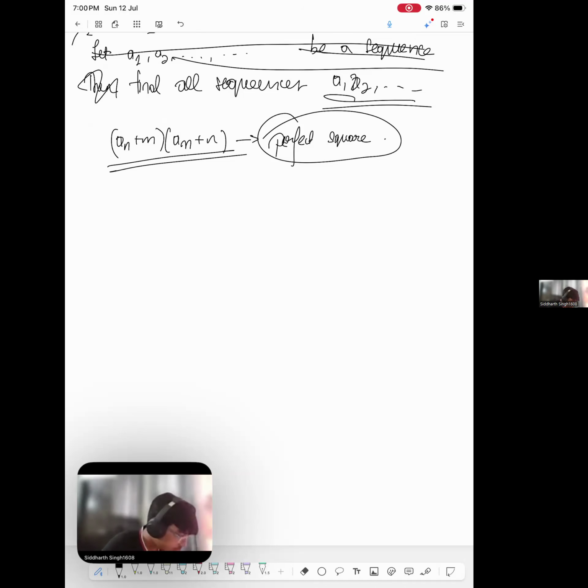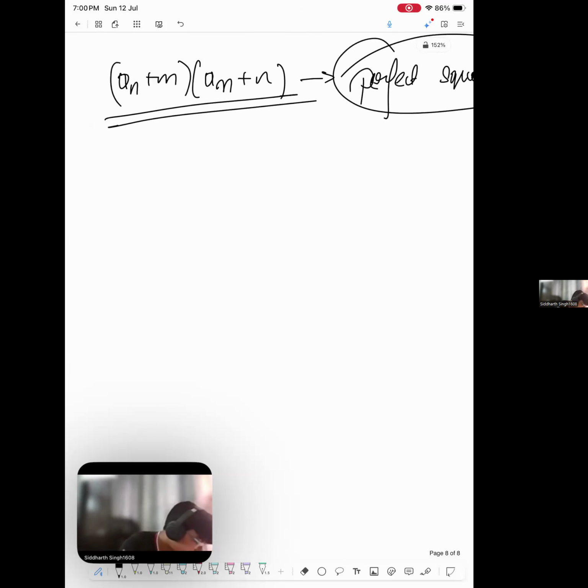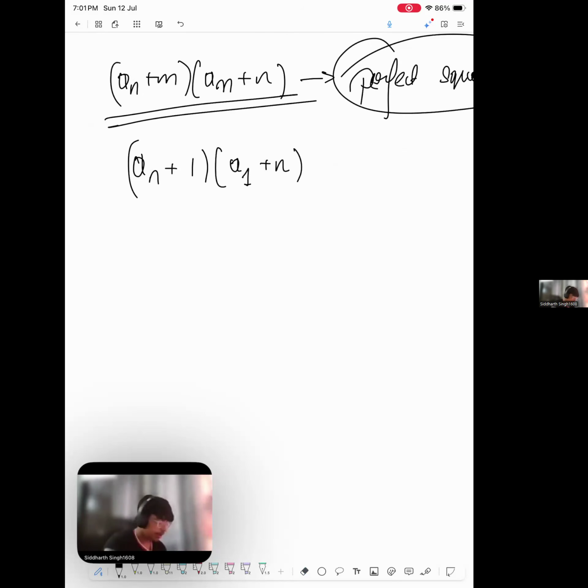Okay, it's 7 o'clock. Now the main part: suppose I'm a beginner trying to solve the problem. I just make some random substitutions. a_n plus 1 times a_1 plus n is a perfect square.